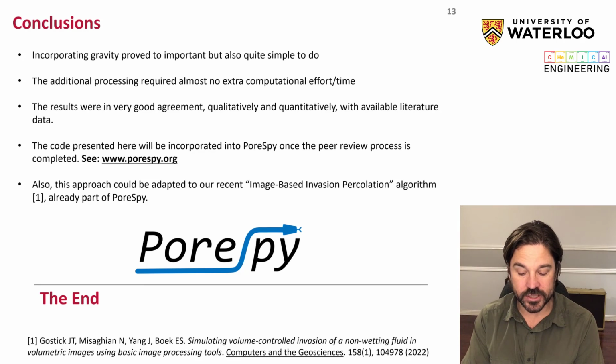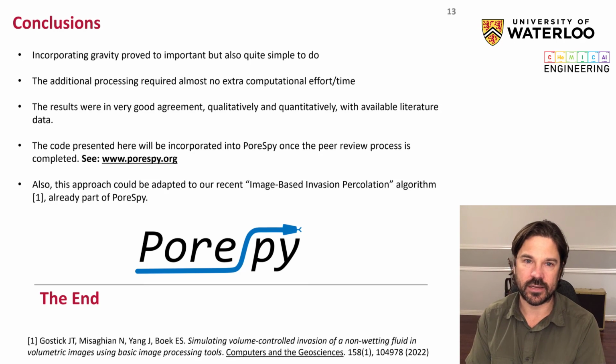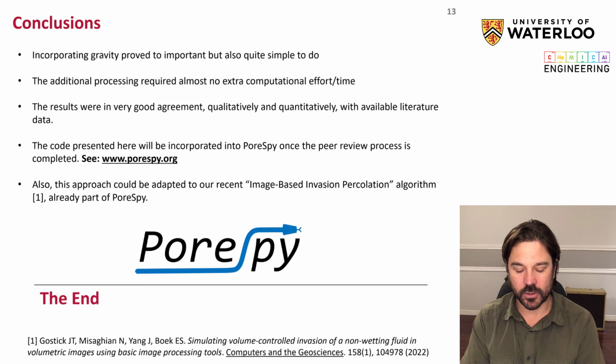The results were in very good agreement, qualitatively and quantitatively, with available literature and expected trends. And the code presented here, as I said, is under review. Hopefully it will be available soon, but it will eventually be incorporated into PoreSpy, our package that we maintain. It's available on GitHub, and you can find it by going to that website.